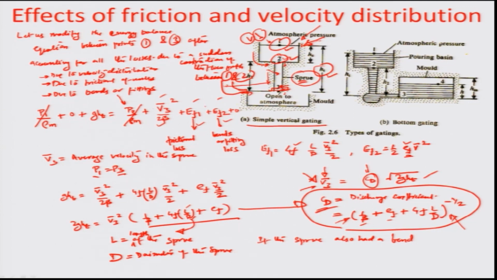So from an engineering perspective, that becomes a pretty good exercise. So if the sprue also had a bend or a fitting, then this factor EF1 would change, and the change is again represented in terms of the equivalent loss that would be affected by the fitting itself.